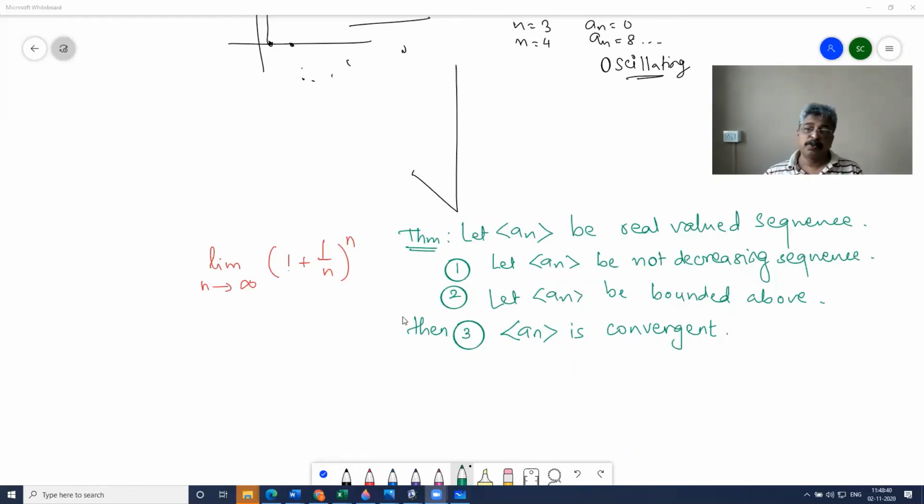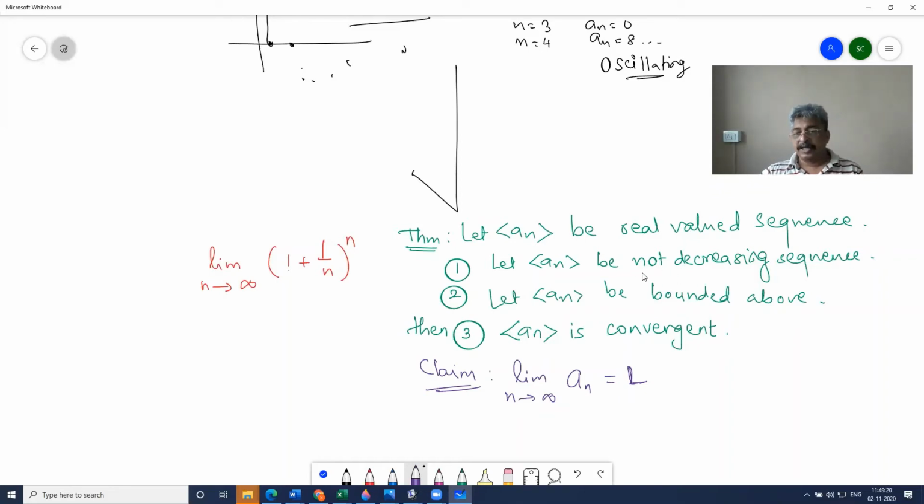So if we want to prove this theorem, what do we need to prove? Claim: limit n tends to infinity of an is equal to L. It is convergent, so it should converge to some value L. That is to be proved.